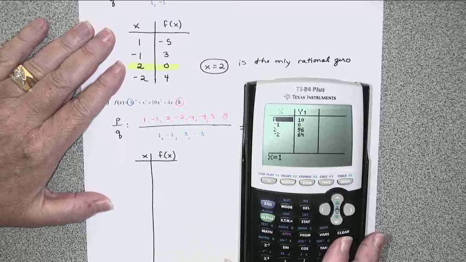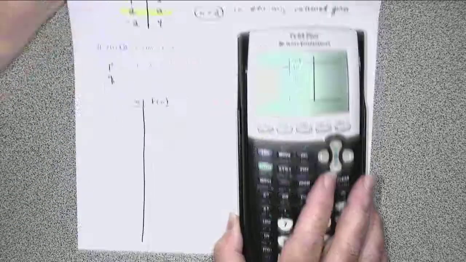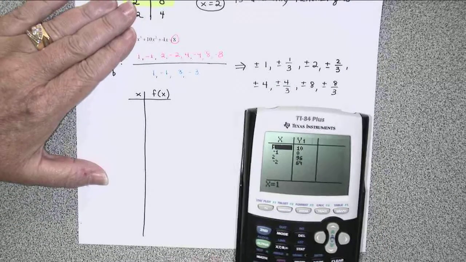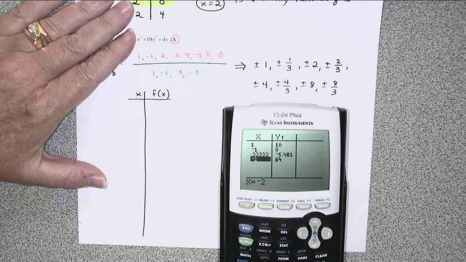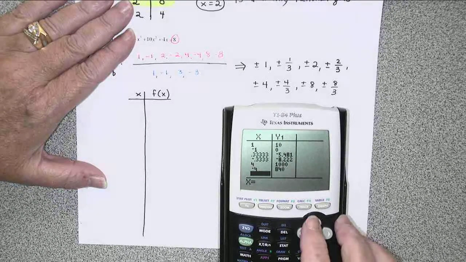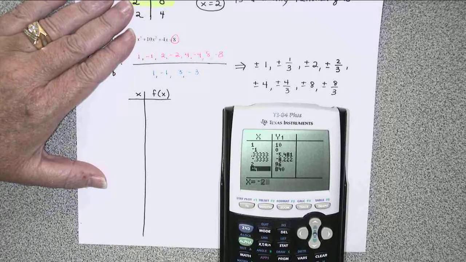And let's just put in all of these numbers that we just identified as possible rational zeros. We have 1 and negative 1, 1/3, and negative 1/3, 4 and negative 4. Oops, I skipped some. Let me just do 2 and negative 2. I'm going to stay in order here.